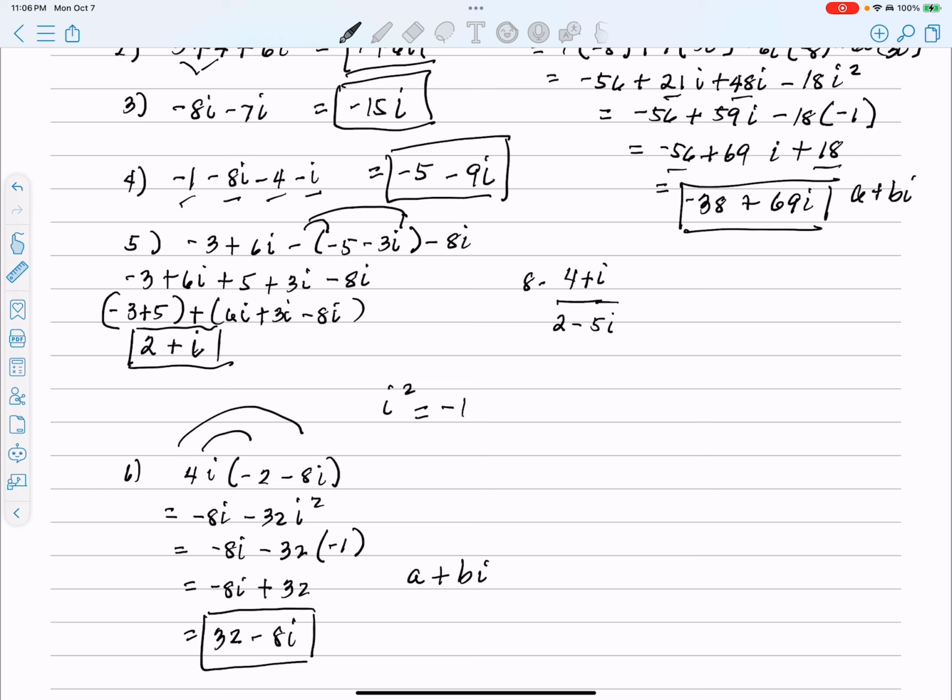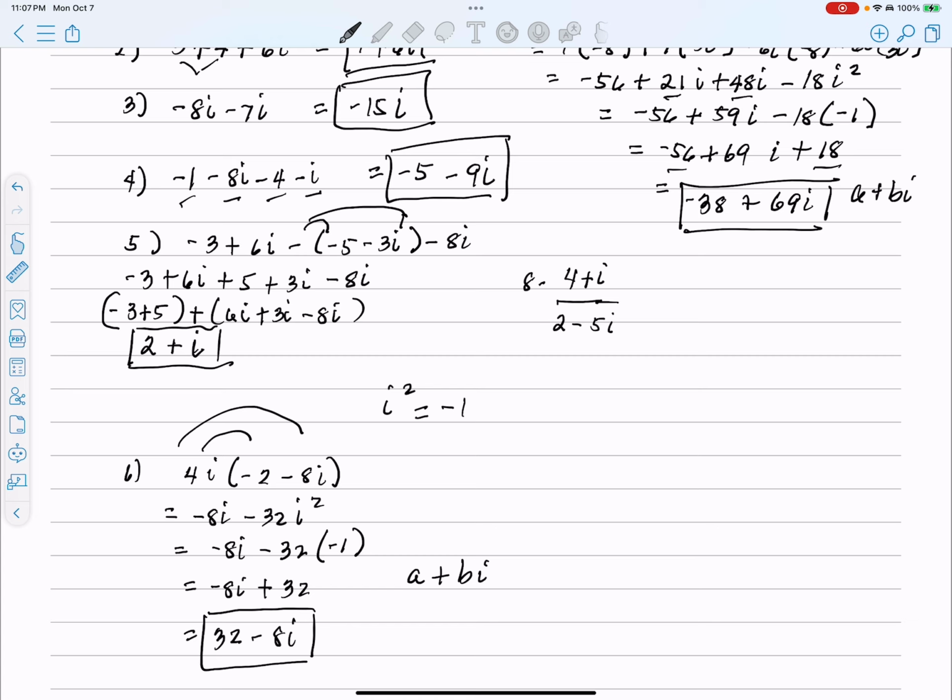Get the conjugate of a binomial, that is equal to itself, but the middle sign has been changed or switched. So we're going to rationalize.